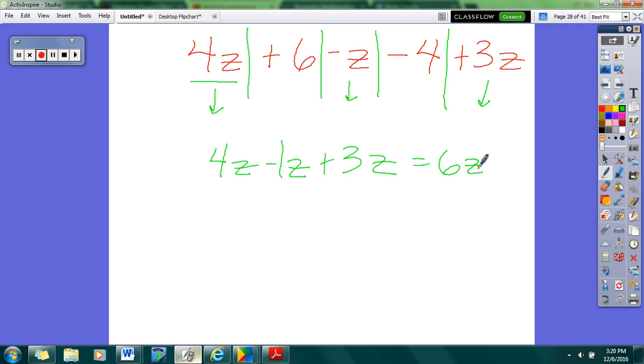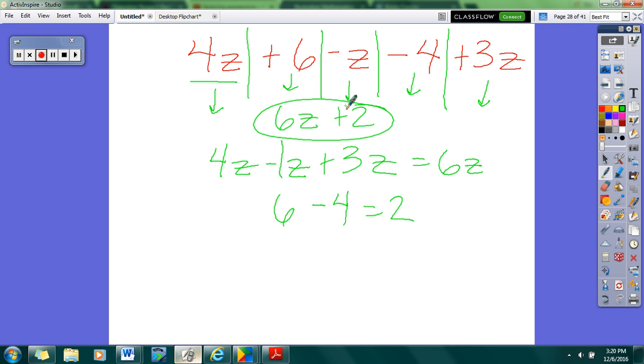So now I have 6z as my simplest form of z's. Then I have a positive 6 here and a negative 4, which really turns into 6 minus 4, which will be 2. So since I'm left with a positive 2, my simplest form would be 6z plus 2.